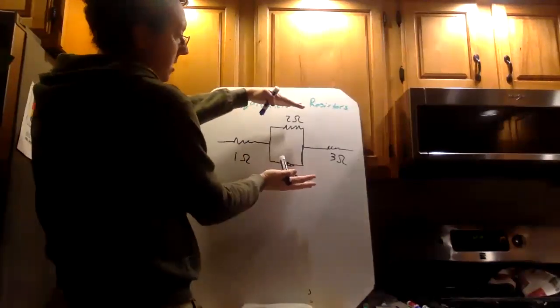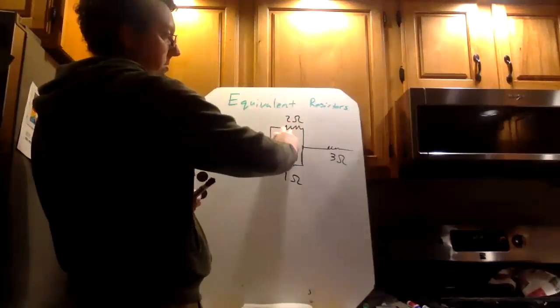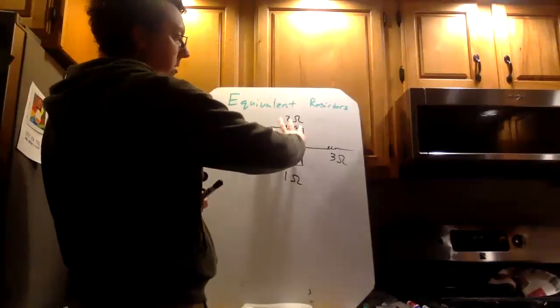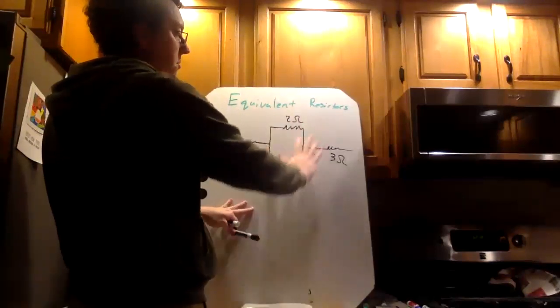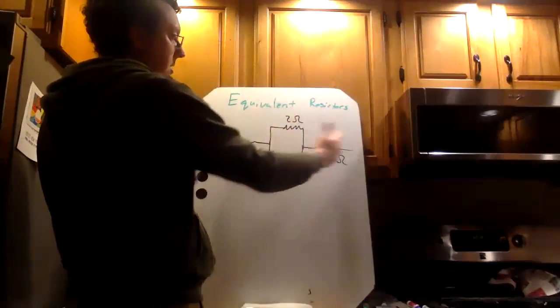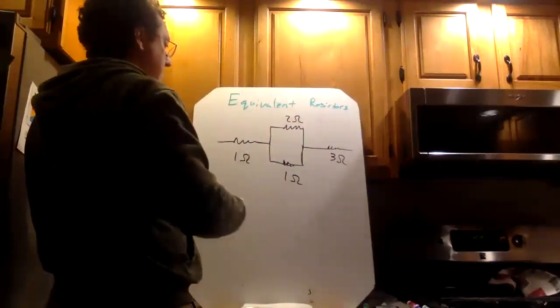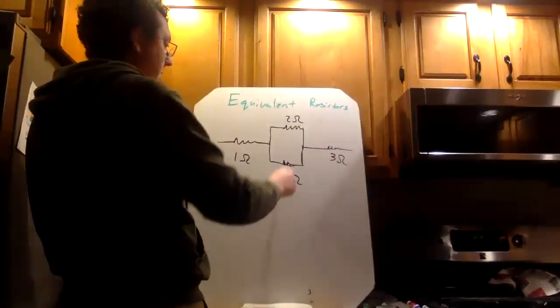It's just something complicated. However, if I do it in stages, it's okay. First thing I would do is kind of smush these together and view them as one equivalent resistor. So they're in parallel, so I add them together using the parallel formula. And after I replace the parallel bit with one object, I can smush them together and view them as resistors in series. So the first step would be to combine these.